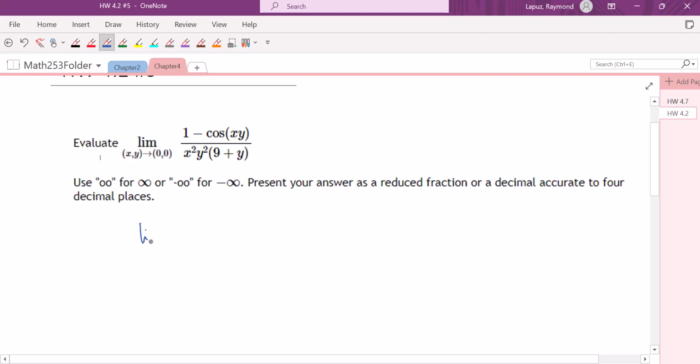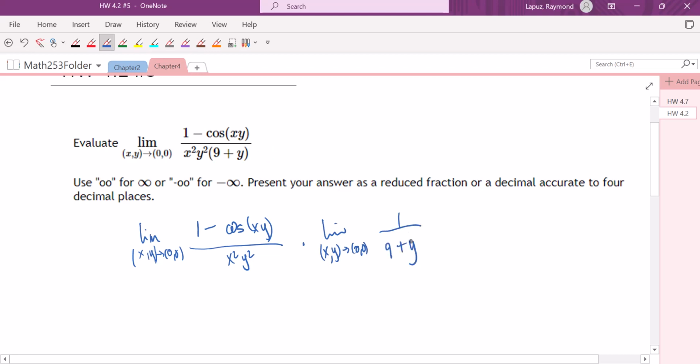Let's take the limit as (x,y) approaches (0,0) of 1 minus cosine xy divided by x squared y squared, times the limit as (x,y) approaches (0,0) of 1 over 9 plus y.